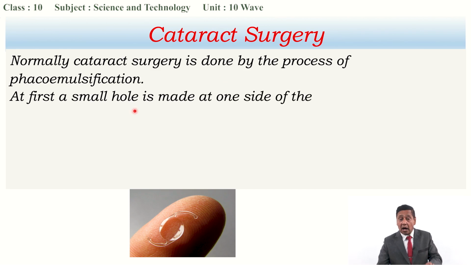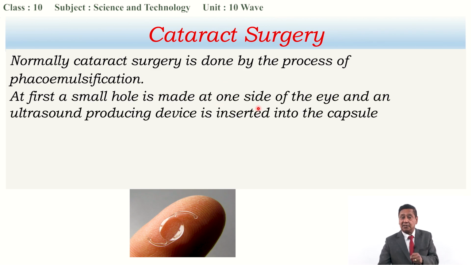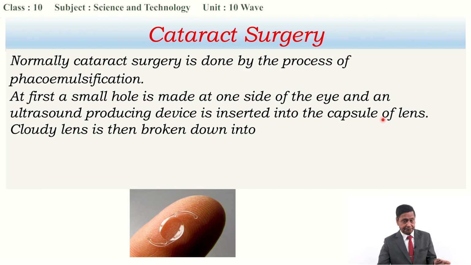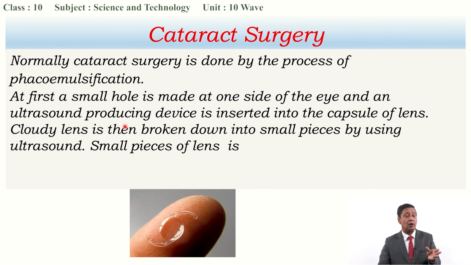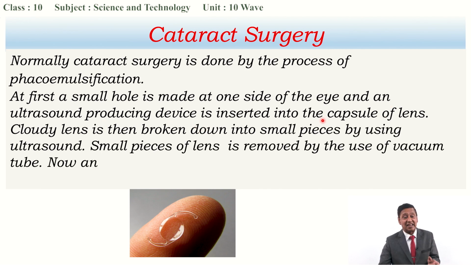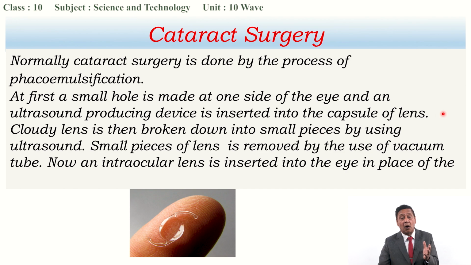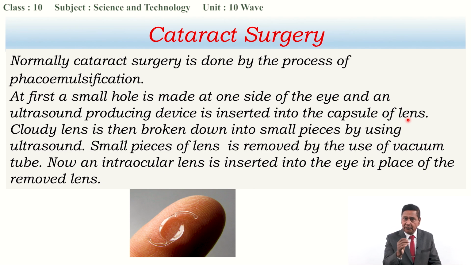At first, a small hole is made at one side of the eye, and an ultrasound producing device is inserted into the capsule of the lens. I told you in the previous class also, our convex lens of the eye is made up of living cells, and these living cells are packed in an elastic capsule.